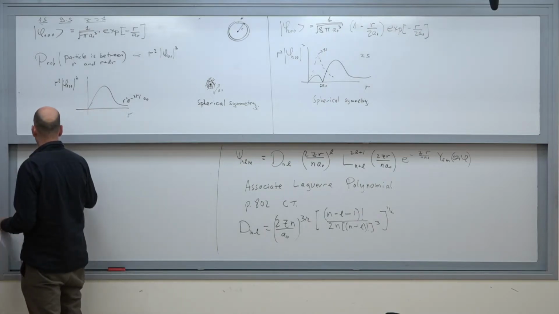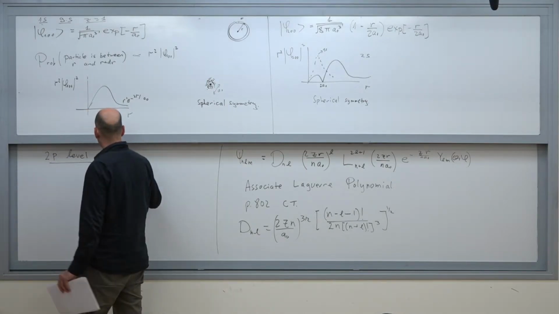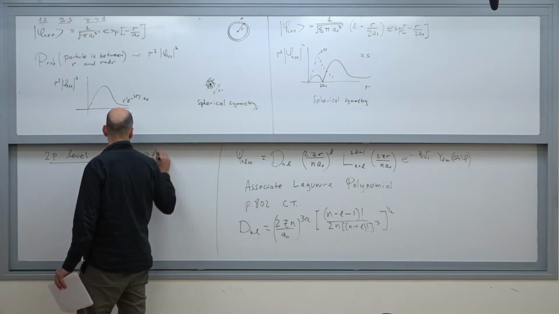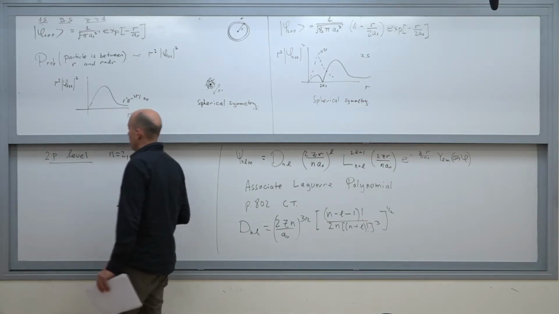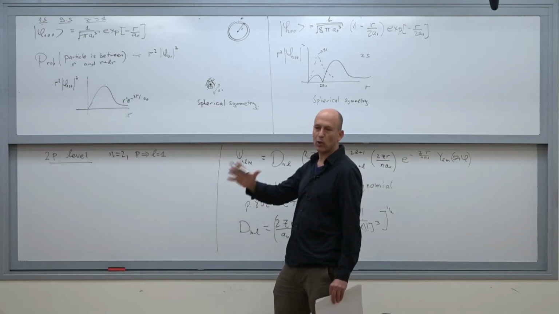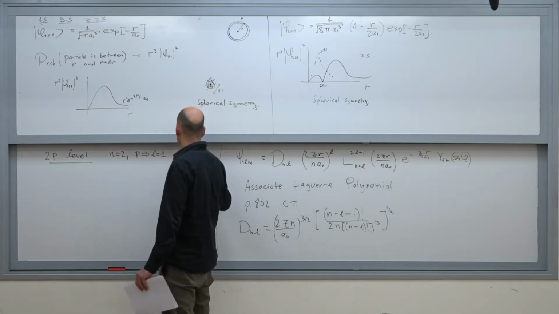So remember the 2 means that n is equal to 2, p means l equals 1, and I don't want to plot, you know, in a complex plane, so I'll just take m equals 0. This is what I mean.